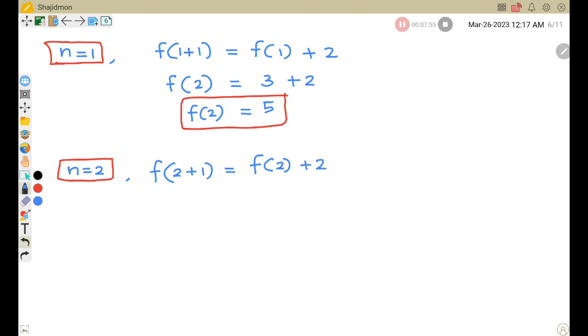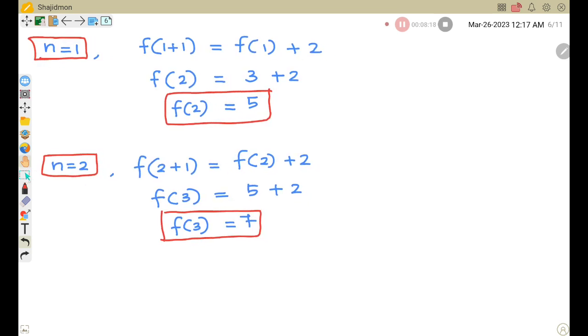So f of 3 equals f of 2, which we just calculated as 5, plus 2, equal to 7. So f of 3 equals 7.